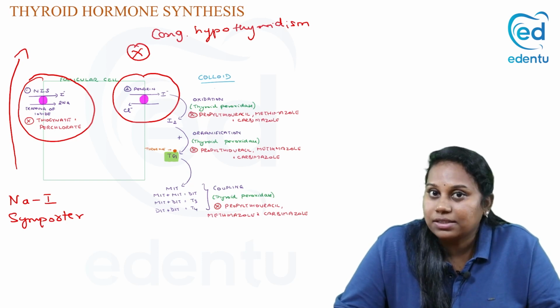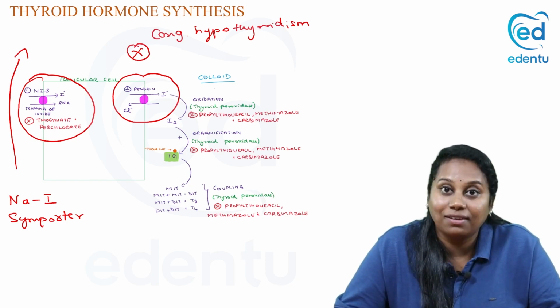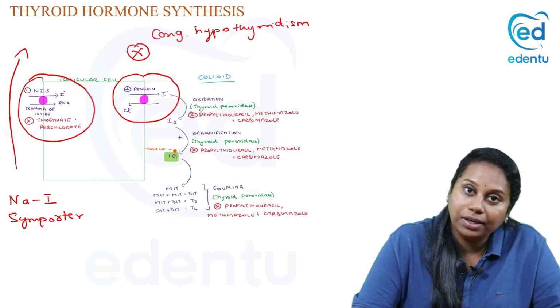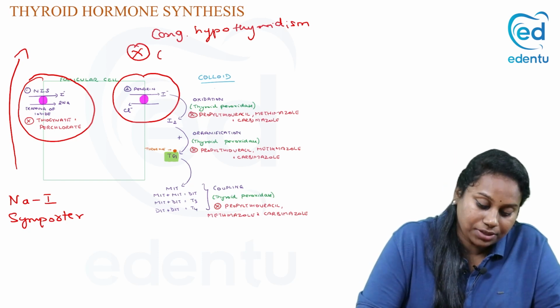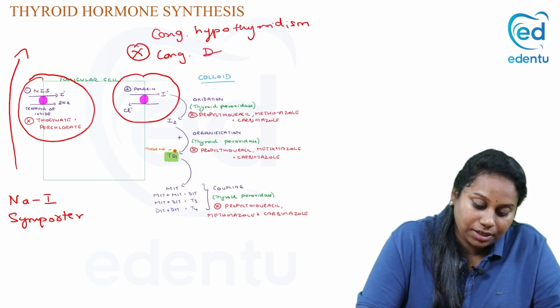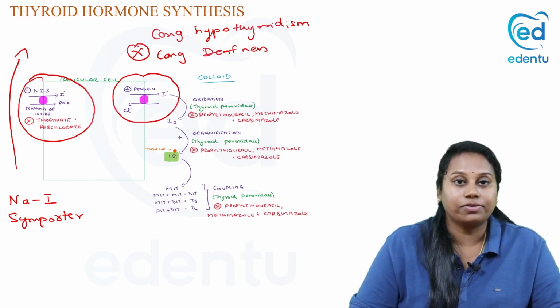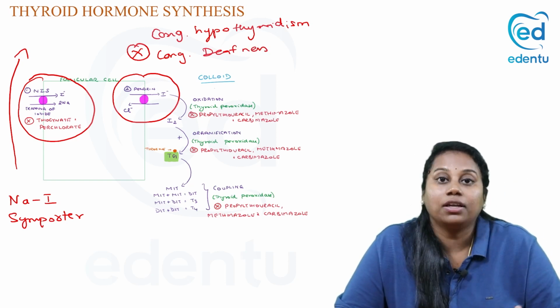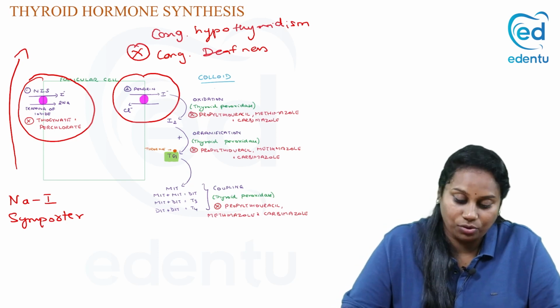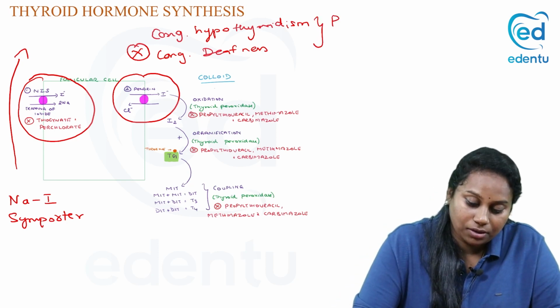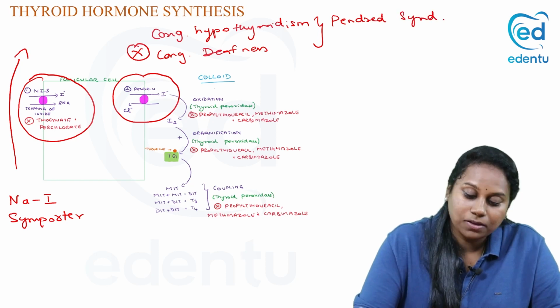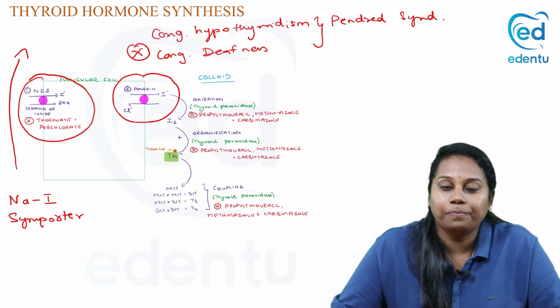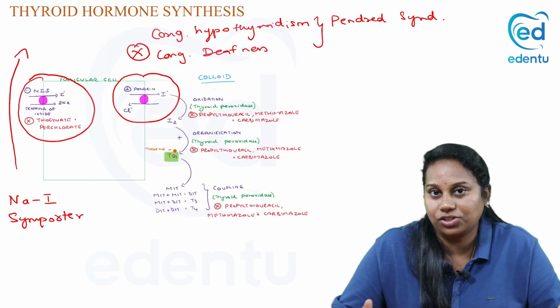So inner ear in the sense it is responsible for hearing. So any mutation of pendrin will affect hearing. So it results in congenital deafness. So if a patient presents with hypothyroidism along with deafness, it could be Pendred syndrome. So this is called Pendred syndrome. Mutation of pendrin, the iodide chloride exchanger channel.